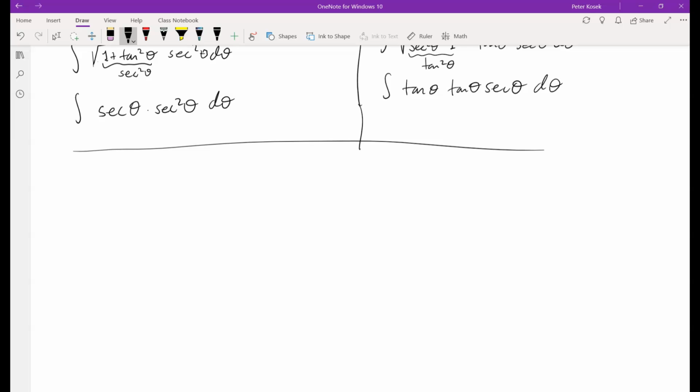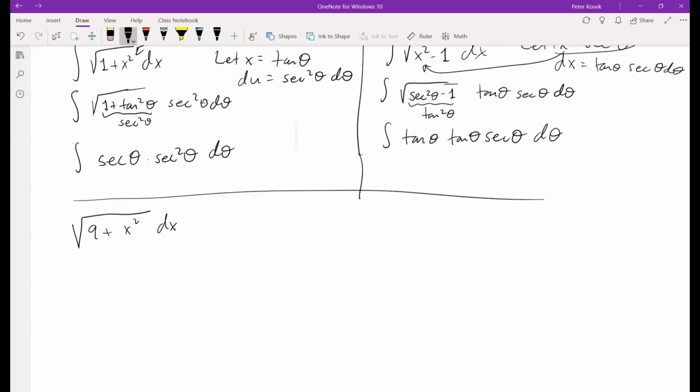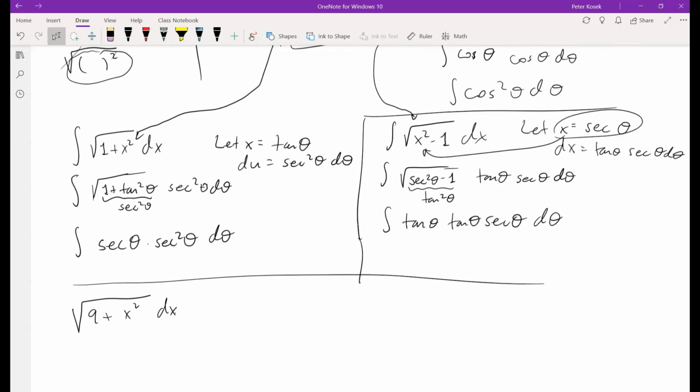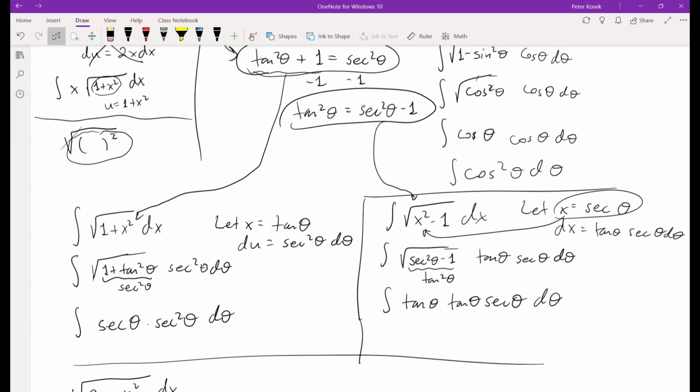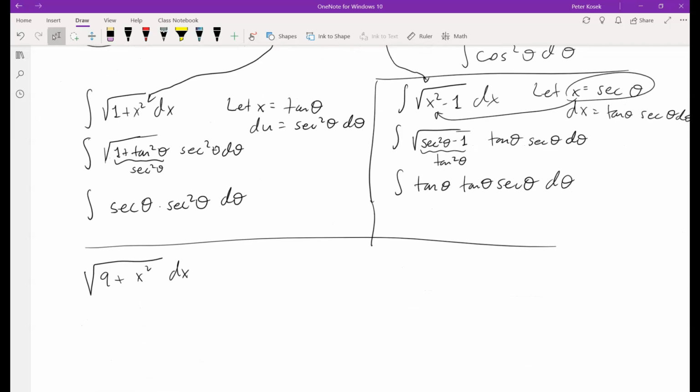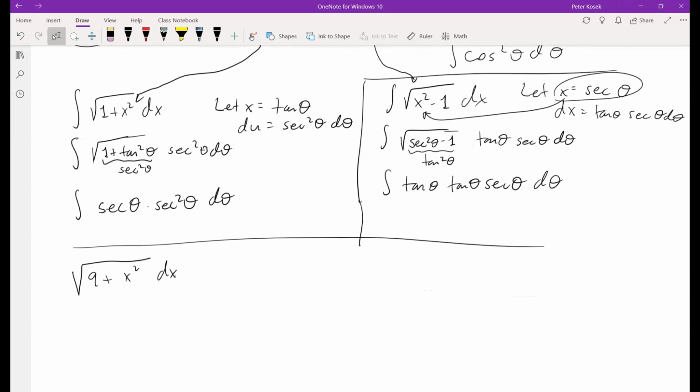Now, the next trick that we have to look at is what if we had something like, say, 9 plus x squared dx? Well, what we notice up here is that when it was 1 plus x squared, we chose our x to be tangent, so we could have a secant squared. But we obviously don't want this to be a 9 plus secant squared.